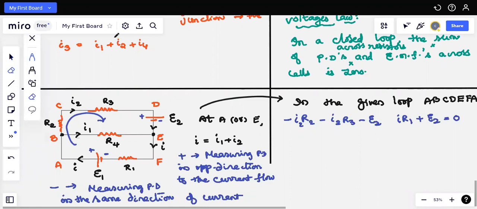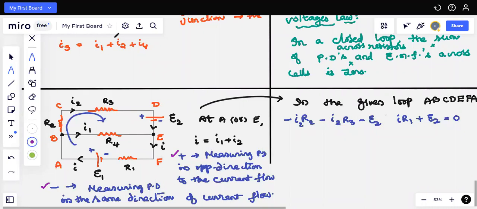So remember these two sign conventions, and you can now give the signs.